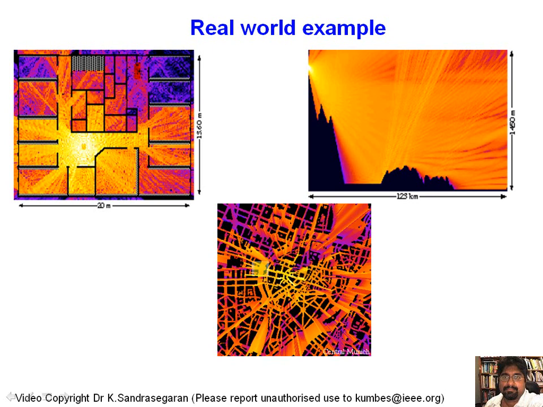And so you know that the coverage is approximately this area here, and then you might have to put another base station somewhere here so that you can pick up the users there, and then another base station somewhere here to pick up users that are outside the coverage area. So whenever you use a planning tool, it will show you a graphical representation of what the signal strength is at various locations based on different models that it may use to do that.